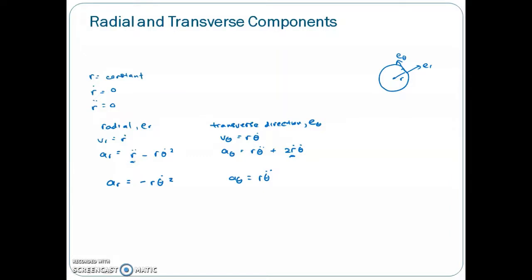So we know that our theta dot here is our angular velocity omega. Our theta double dot is our alpha, or what we usually call angular acceleration.